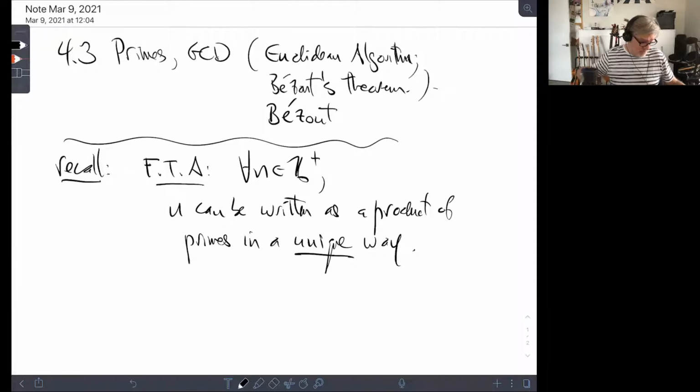Next up, I wanted to show you the proof that there are infinitely many primes, and then I'll move on to the GCD.